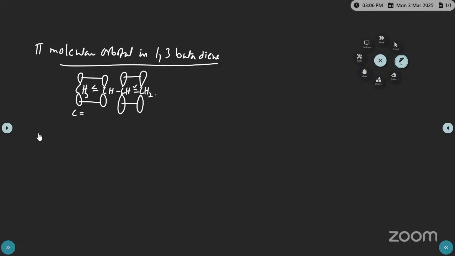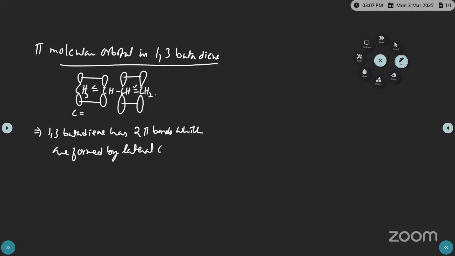Here there are two double bonds, or two pi bonds, which are formed by lateral overlapping of p orbitals. So in pi bond formation, how many p orbitals are involved?